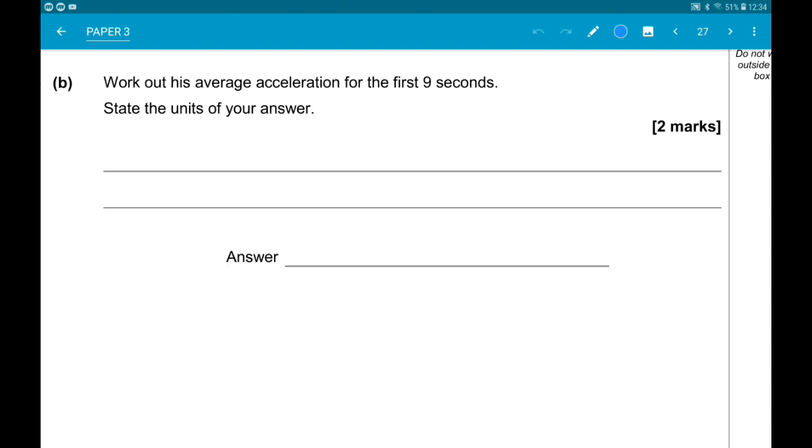So it's 9 meters per second over 9 seconds, which gives us 1 meter per second squared.